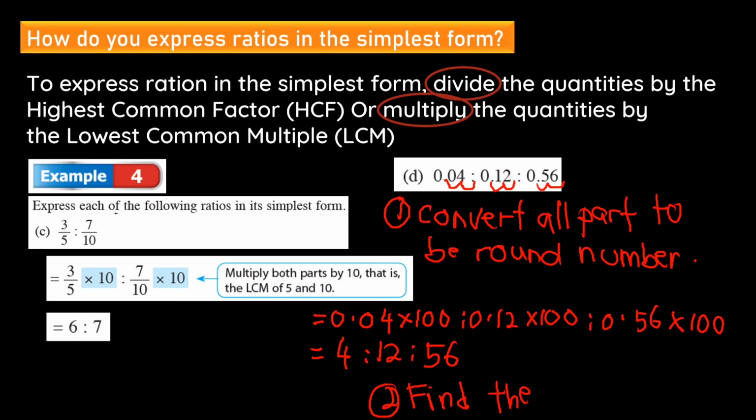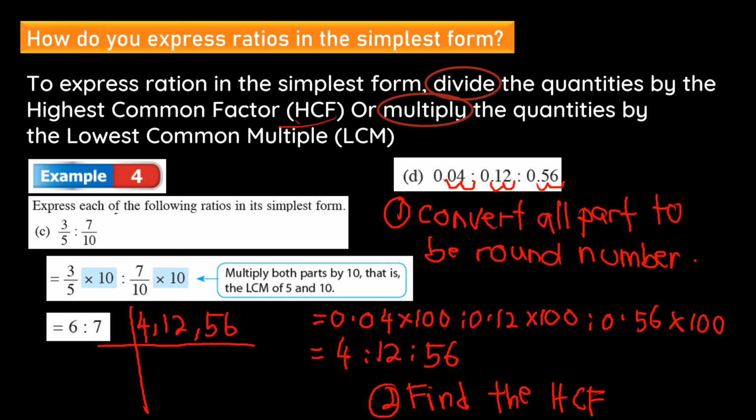Since we are going to divide these numbers, we need to divide by a whole number. So we need to find the HCF of these numbers. How do we find the HCF? Using repeating division.